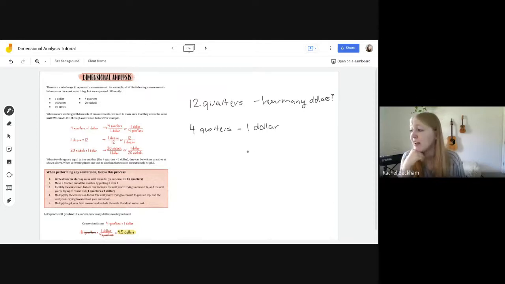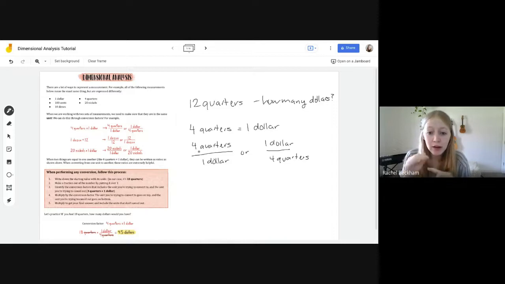And when you have any sort of equality, like this equal sign right here, you can actually represent that equality as a fraction. So we could say that there are 4 quarters per dollar, like this. Or I could say that there is $1 per 4 quarters. I can write in both of these ways because both of these mean the same thing.